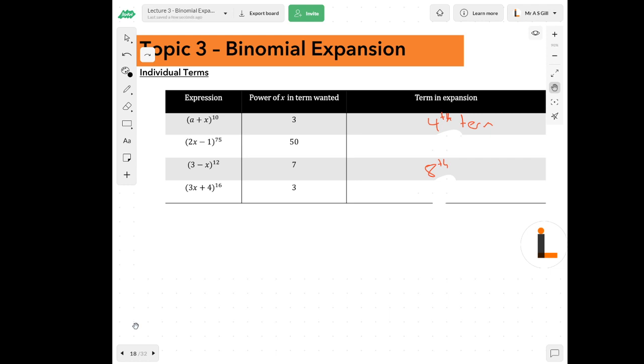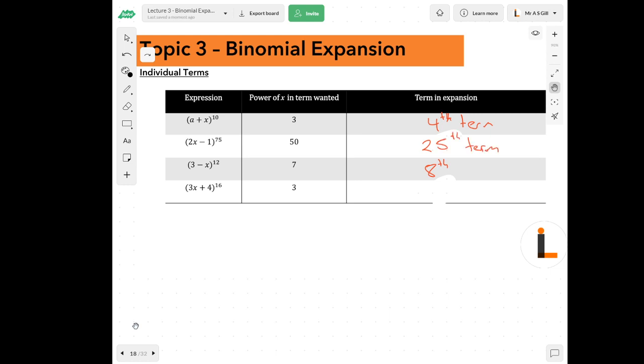But for question 2, assuming we're still going in ascending powers of the 2nd term in our expansion, if we want the power of x to be to the 50, well, we're starting with x to the 75, which means this was going to be the 25th term.